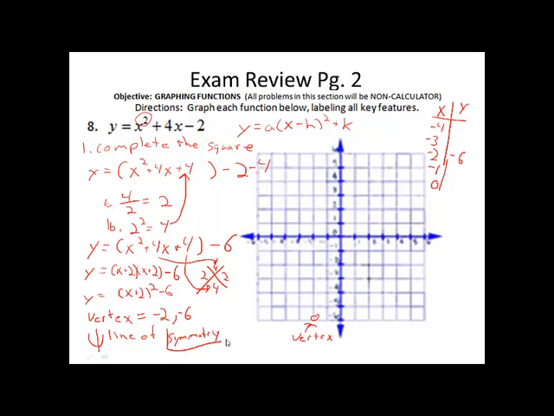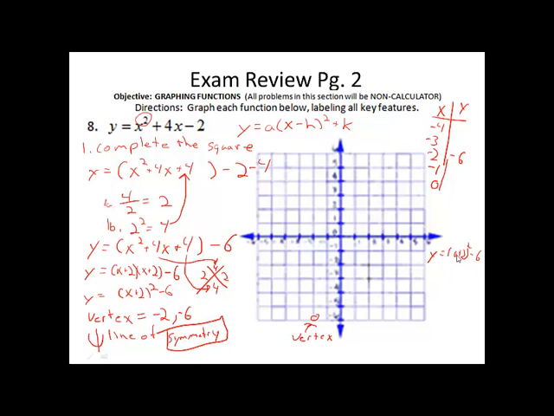I'm not too sure if I spelled symmetry right, but again, symmetry means whatever is happening on the left side is going to be the same on the right side. So I'm going to take 0 because that's going to be the easiest to plug into my equation. I can either plug it into my original function or this function down here, but as I plug in 0, I say y is equal to 0 plus 2 squared minus 6.